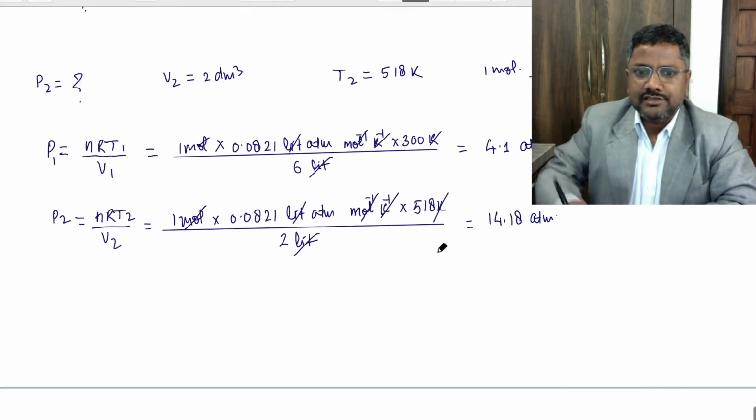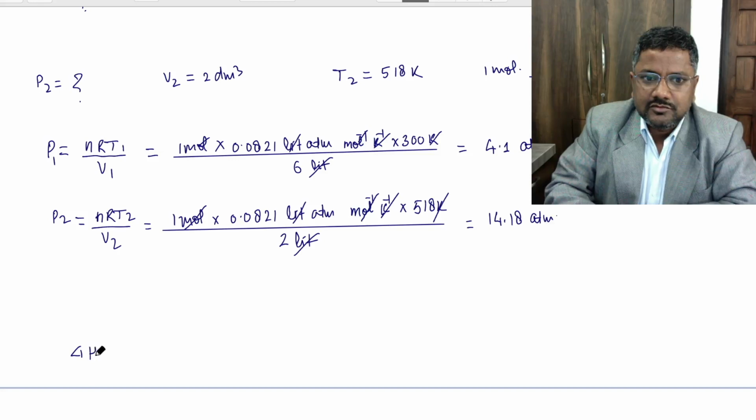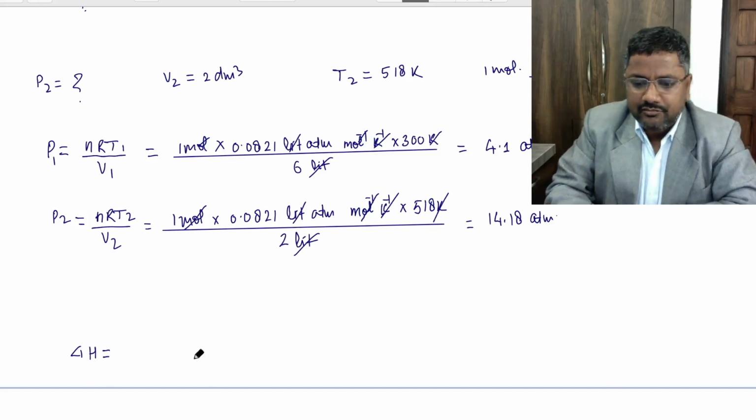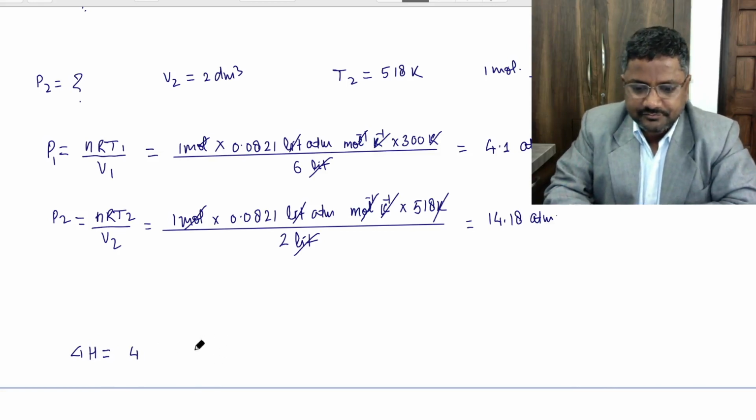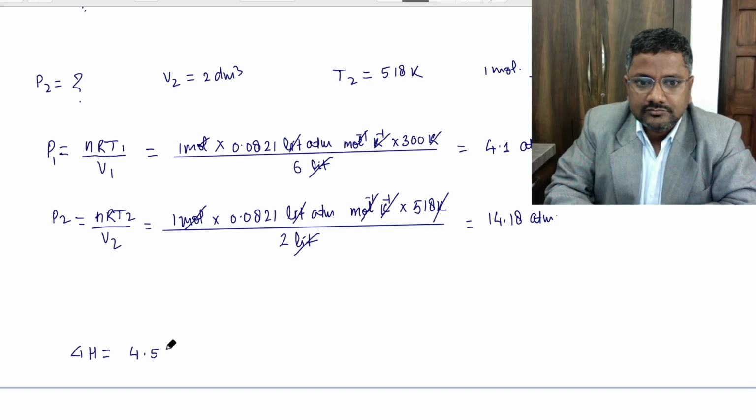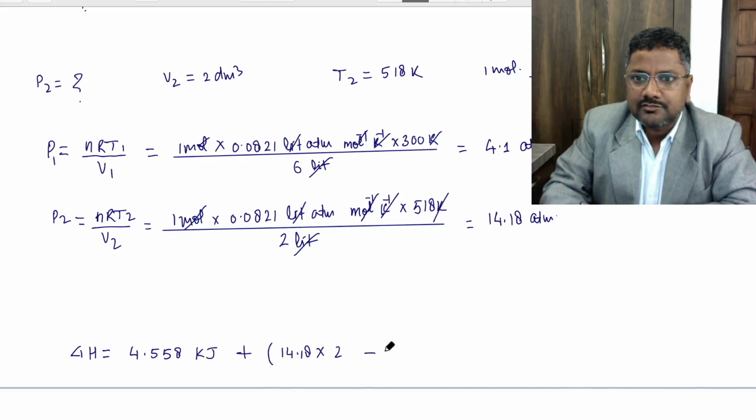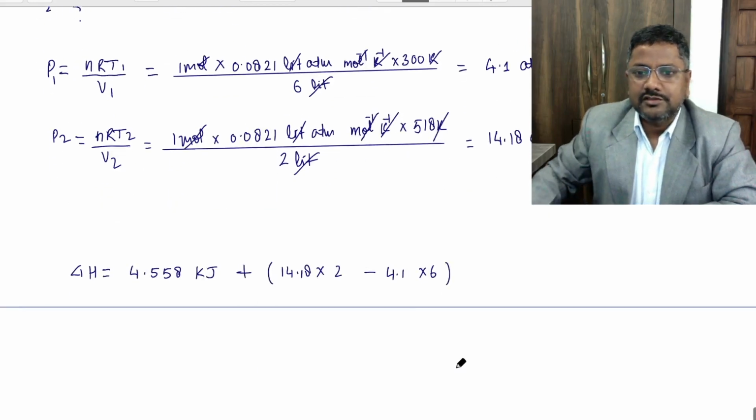So now delta H is equal to, we have calculated delta E 4.558 kilojoule, plus P2 V2, P2 14.18, V2 2, minus P1 V1, 4.18 into 6.